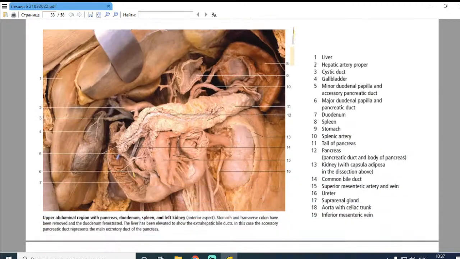You see the upper abdominal region with pancreas, duodenum, spleen and left kidney. What you see? Pancreas. This is caput, this is neck, body, tail, and you see the pancreatic duct.